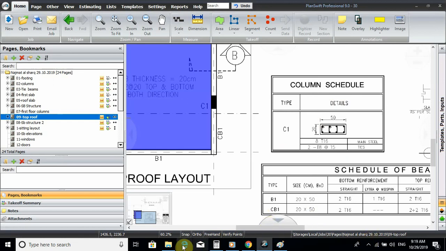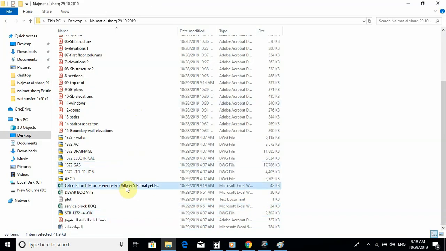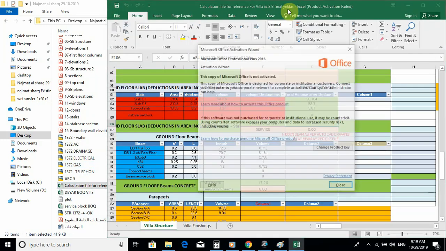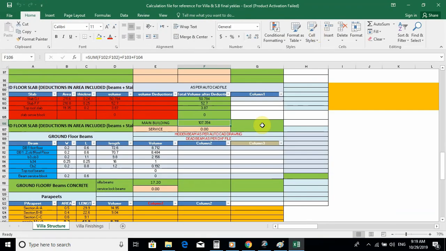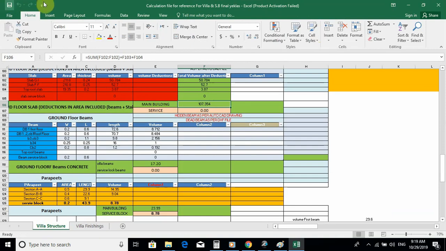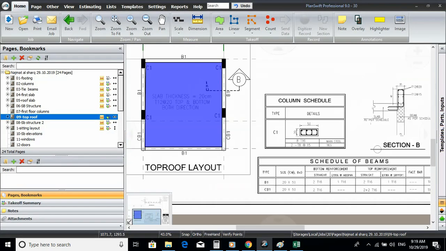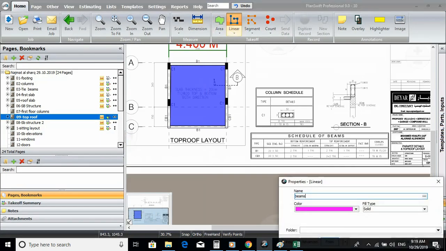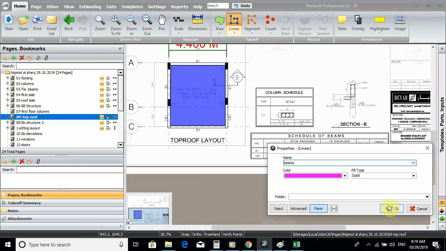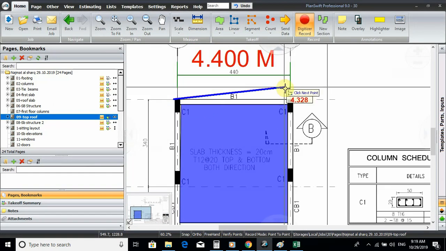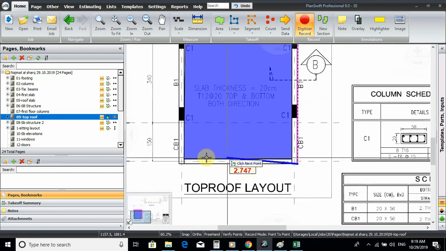One second, I closed the file. Okay, top roof beams 0.2 by 0.5. For the beams' parameter, we could stand here and see the linear parameter, but I prefer to take the parameter of the beams from outside.